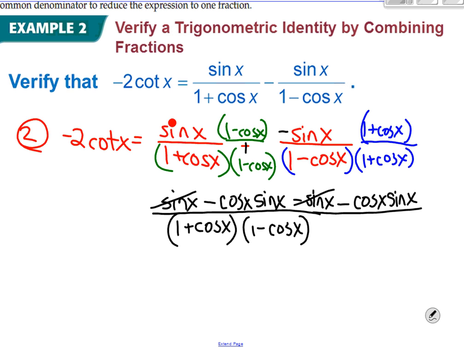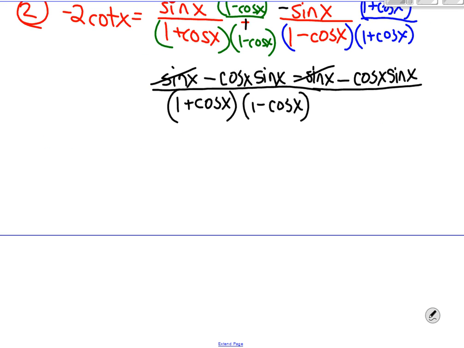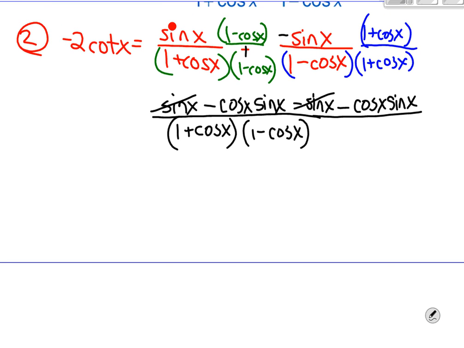What do I want to end up with? I want to end up with a -2 something. So when I get a -2 something, I'm like, ooh, feeling like I'm on the right track. Do you know what I mean? And so that helps me kind of think that I'm going to get someplace that I want to go. So -2 cosine x sine x.